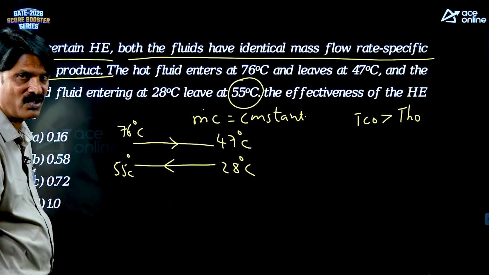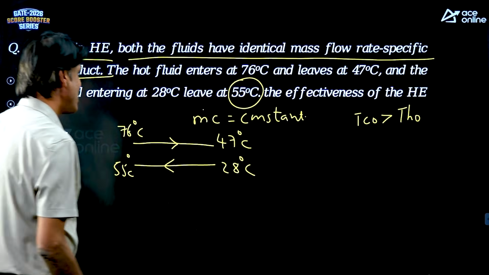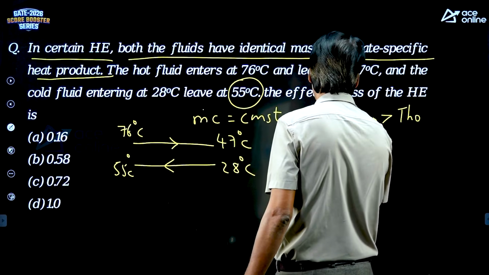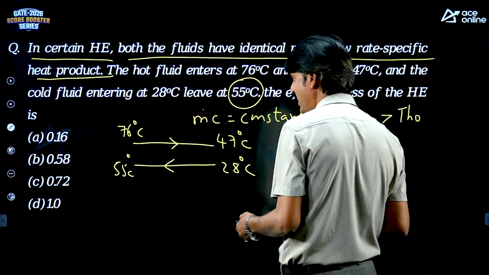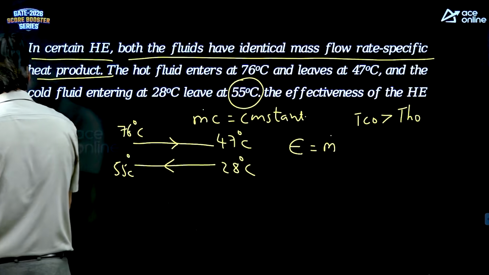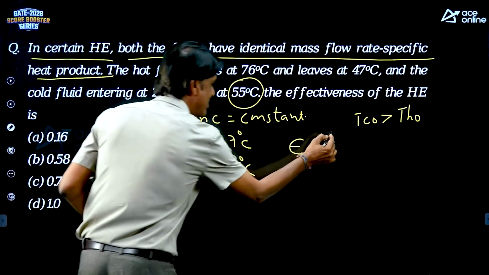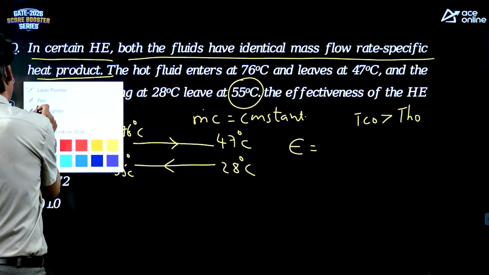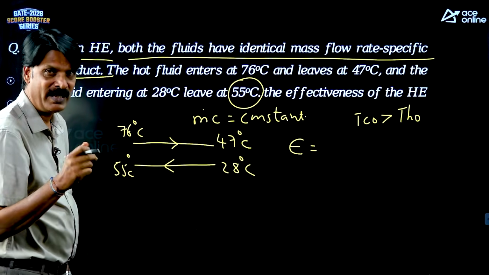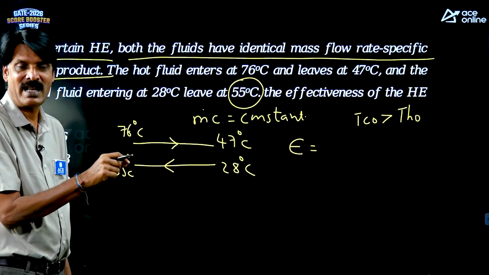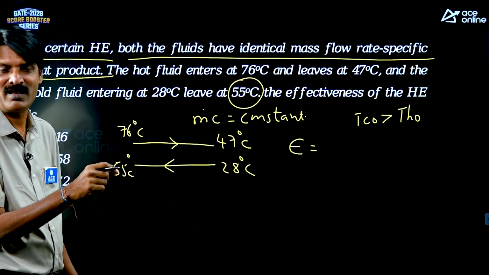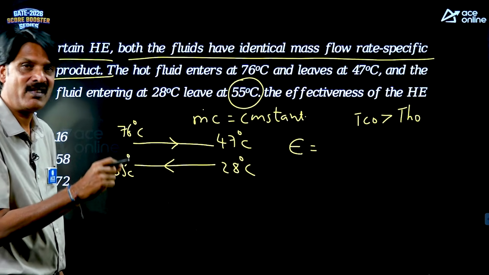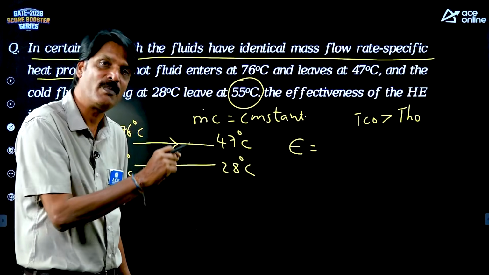Effectiveness of the heat exchanger: whenever he is asking for effectiveness, it depends on the product of mass flow rate and heat capacity. If m dot Ch is less than m dot Cc, then it is based on the hot fluid. If m dot Cc is less than m dot Ch, it is dependent on the cold fluid.